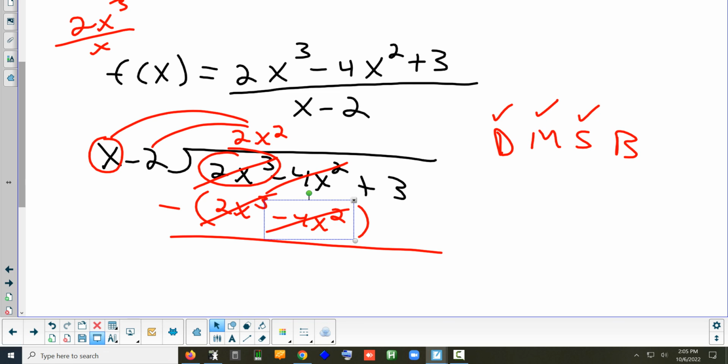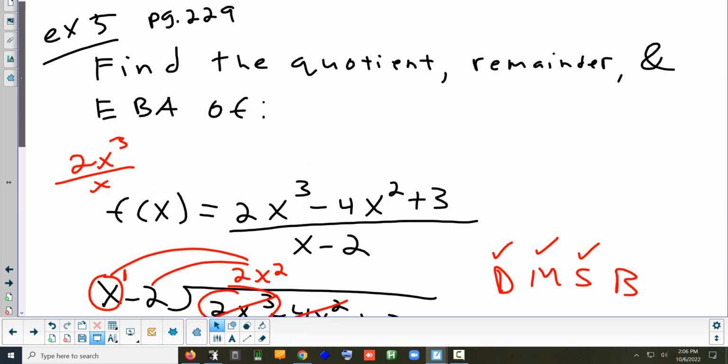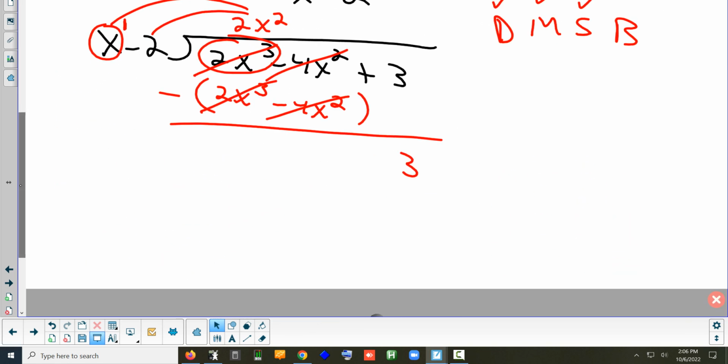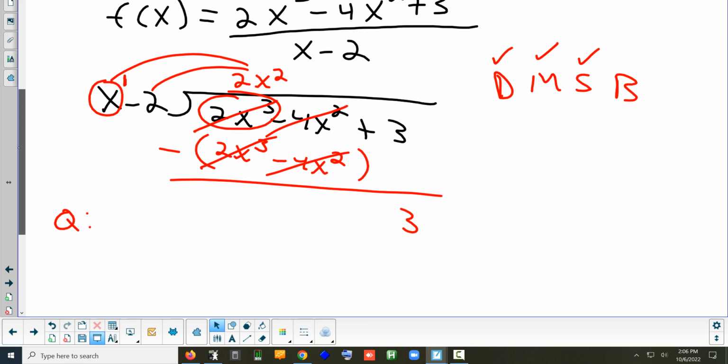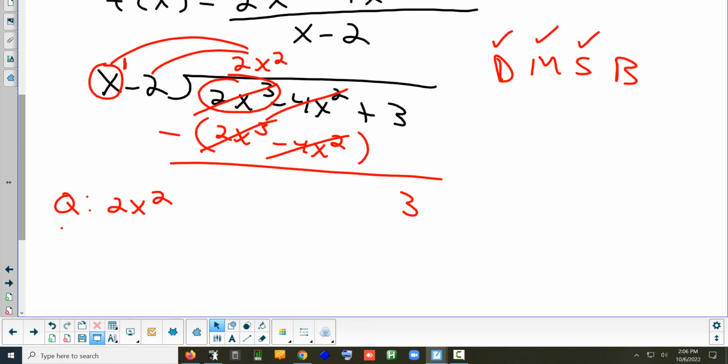So now, we did the subtraction. The next step would be to bring down your next term, but the degree on this is a 0, because there's no letter. The degree on this is a 1. This is now smaller than that, so we're done. Okay. So let's write down our quotient. What's my quotient in this problem? 2x squared.